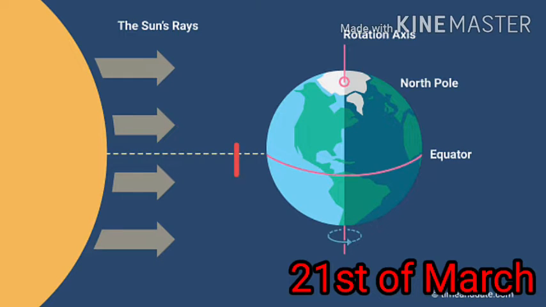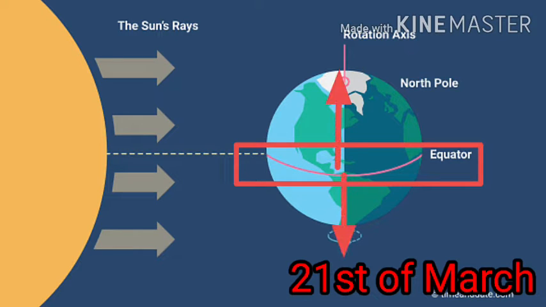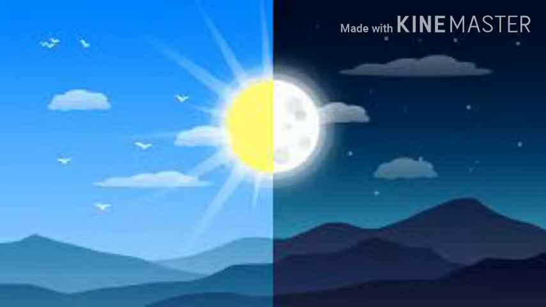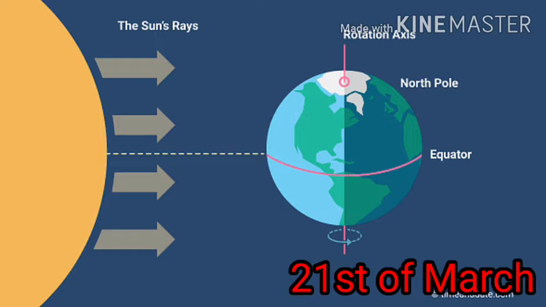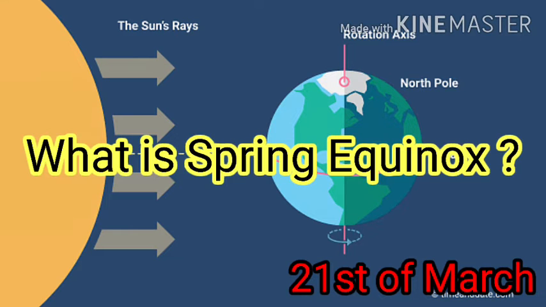As you know, the equator divides the earth into two equal halves. Due to that, the length of day and night is equal throughout the earth during this time. This is known as spring equinox. So, what is spring equinox?